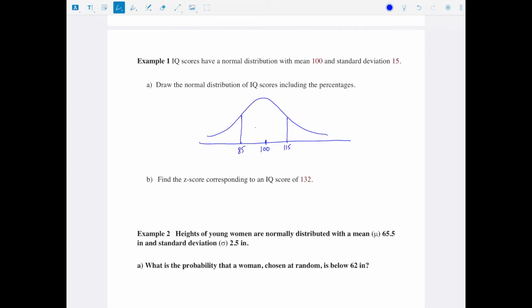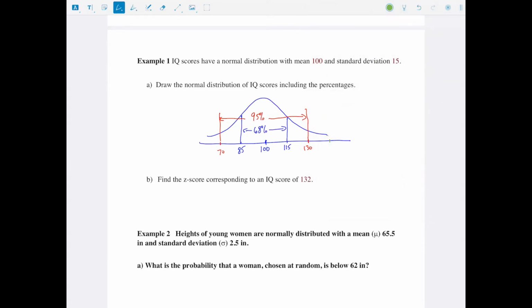And so we know that 68% of my data lies there. Next, if we add another standard deviation out, so we add another 15 and we're at 130, or subtract another 15, we're at 70, we would know that from here to here is 95% of my data. It's always 68, 95, and then the last one here is the 99.7.